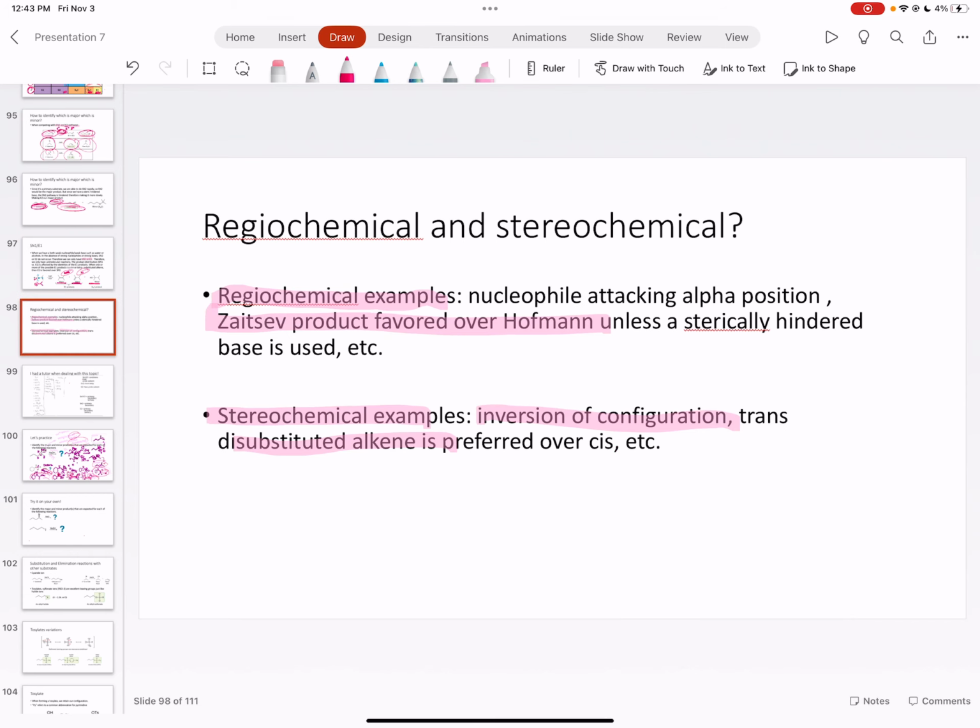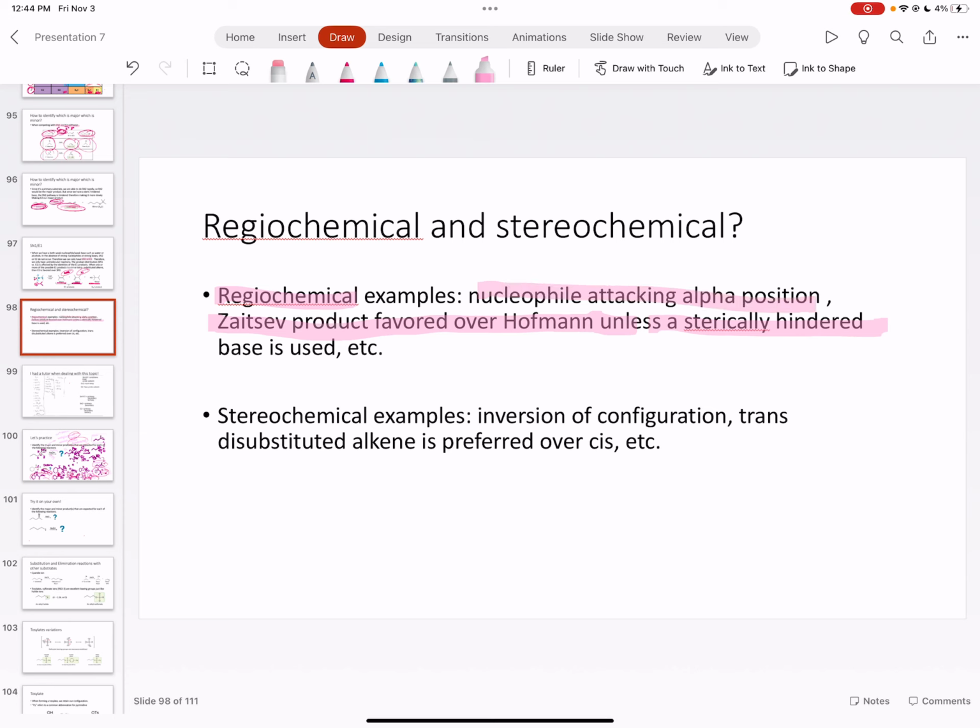So then regiochemical and stereochemical. Personally, I had a problem wrapping my head around the definitions, so I just wanted to give you some examples. Regiochemical is mainly, for example, a more substituted product being favored over a less substituted product, unless it's really bulky, or a nucleophile attacking an alpha position.